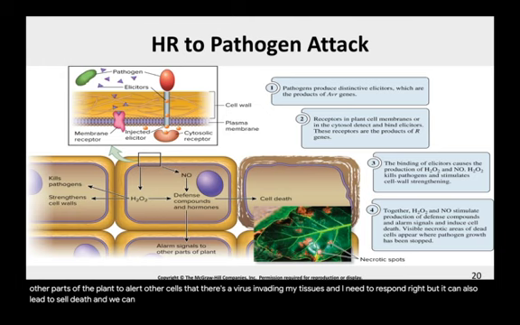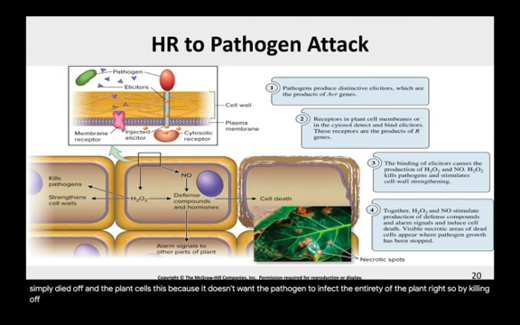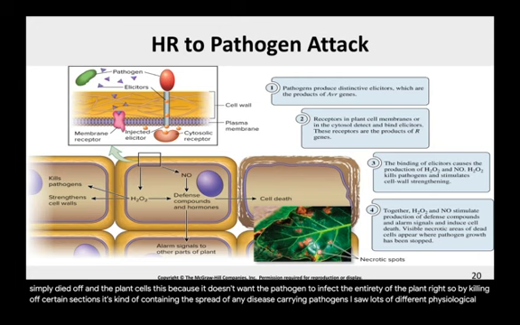On this leaf we can see these necrotic spots, where a patch of cells have simply died off. The plant does this because it doesn't want the pathogen to infect the entirety of the plant. By killing off certain sections, it's containing the spread of any disease-carrying pathogens. So lots of different physiological responses here.